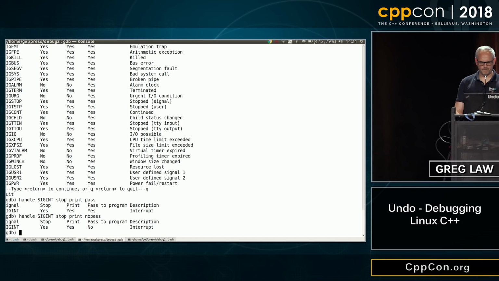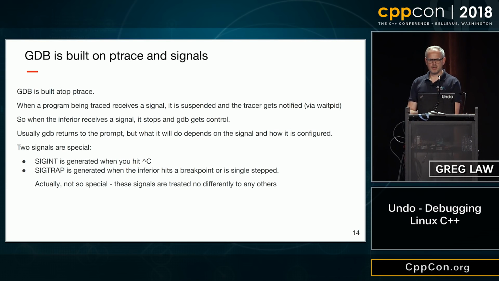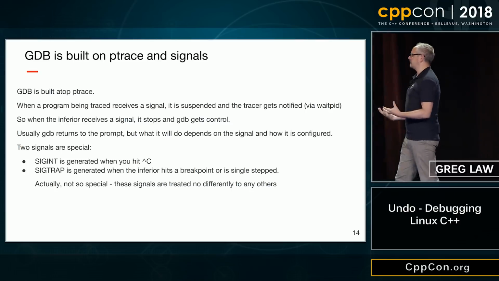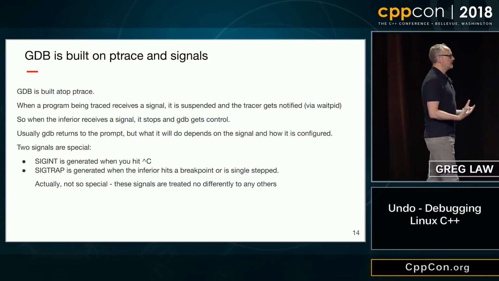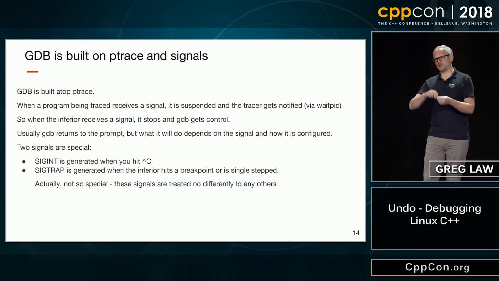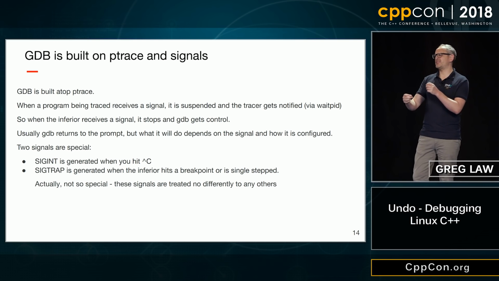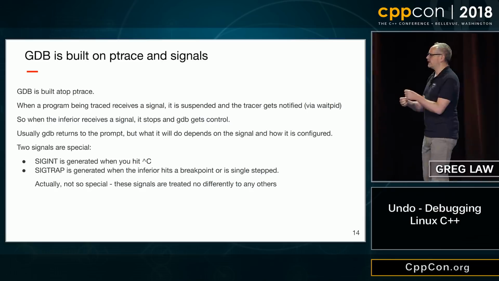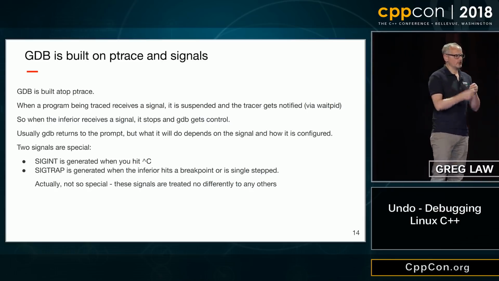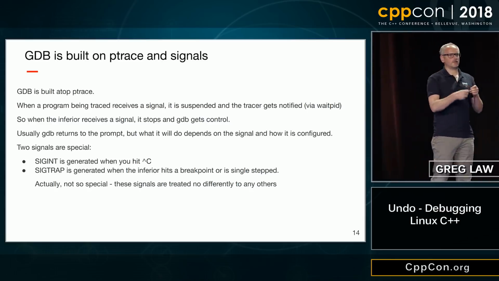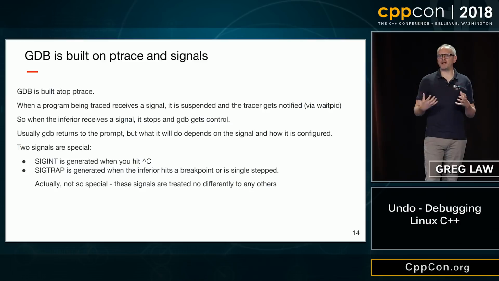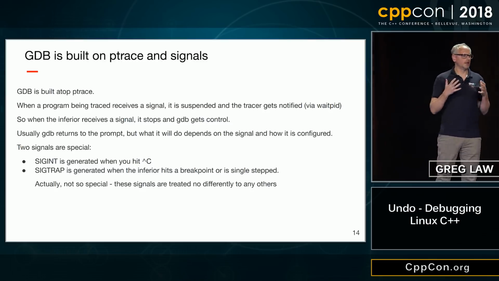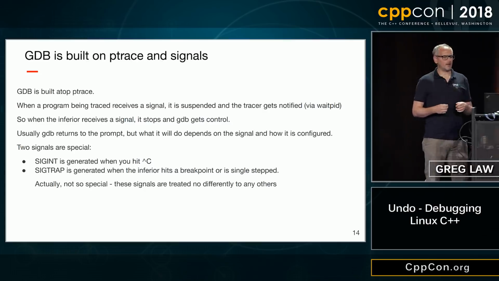Okay, so SIGTRAP likewise. When you hit a breakpoint, it'll just generate a SIGTRAP, and what GDB will do when there's a breakpoint is it'll change the code. I think it's architecture specific, but certainly on x86 and probably most architectures, it will write the opcode to generate a trap. In the case of x86, it's the 0xCC opcode, which is a single byte opcode that generates a trap.